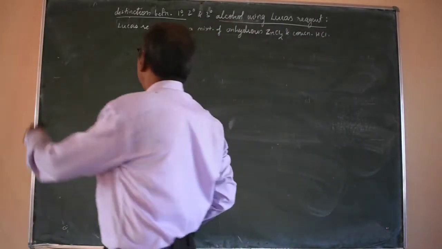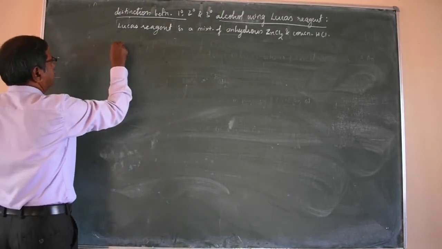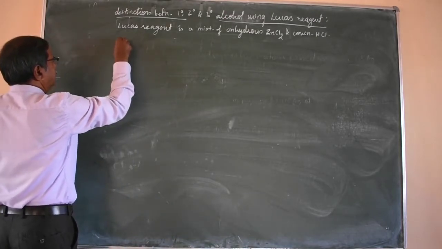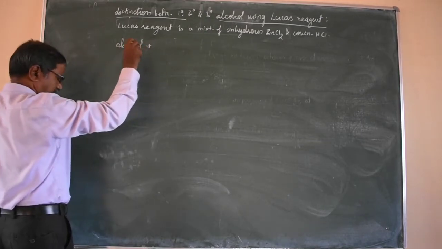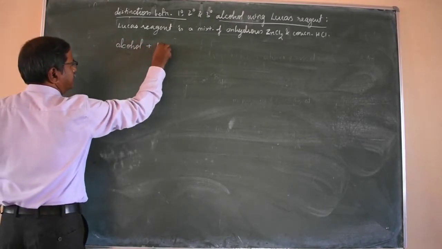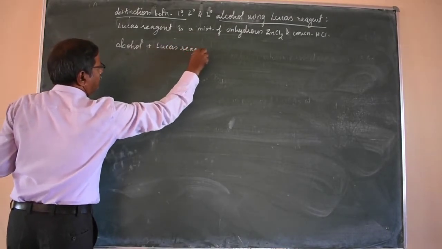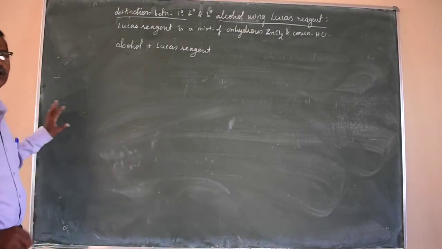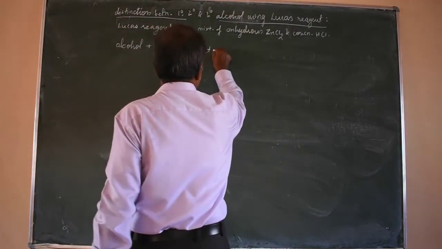What you have to remember: alcohol plus Lucas reagent. It may be 1 degree, 2 degree or 3 degree alcohol. We know the reactivity order is different.